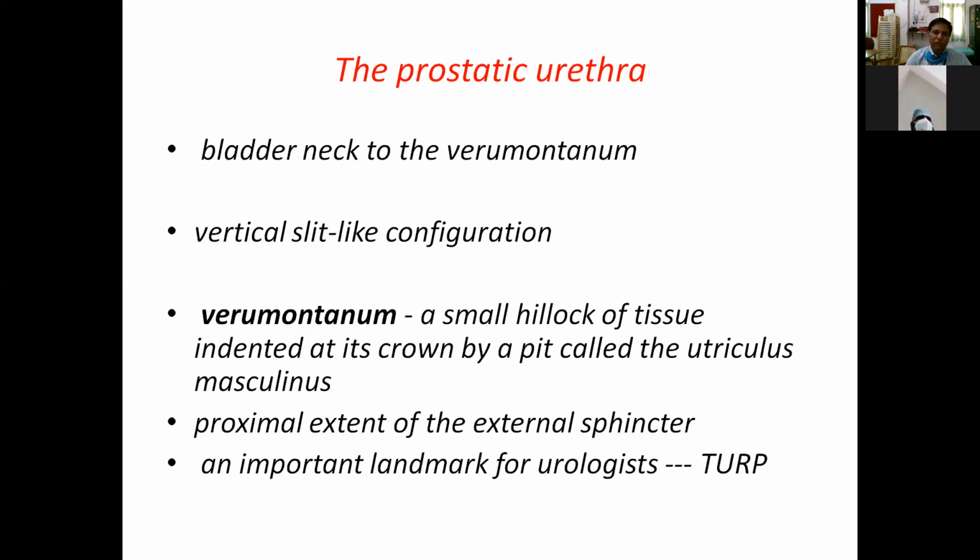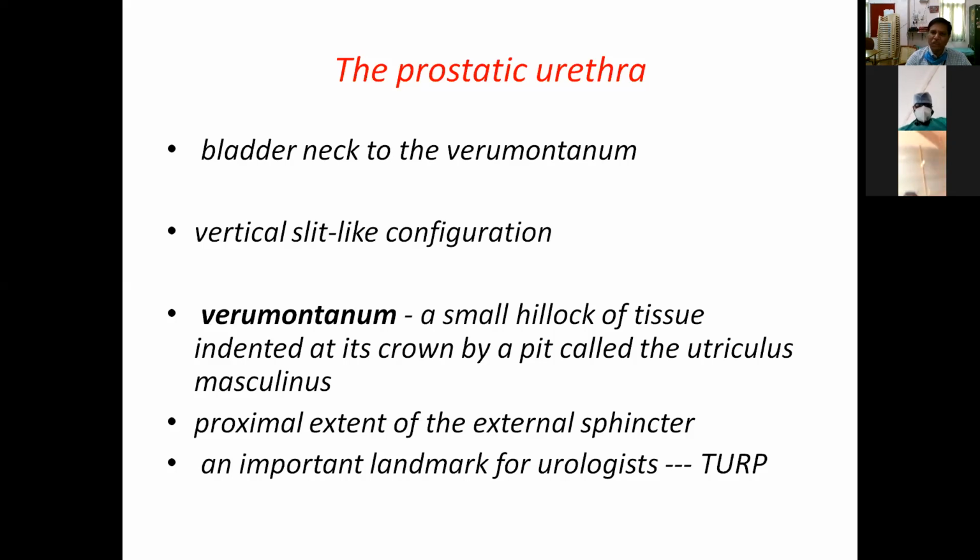This landmark has to be made out very clearly. It is a small hillock of tissue indented at its crown by a pit called the utriculus masculinus. It is a heap of tissue on the floor of the urethra, onto which a number of glands open: the prostatic glands, the seminal vesicles, and the vas deferens all open on the verumontanum.